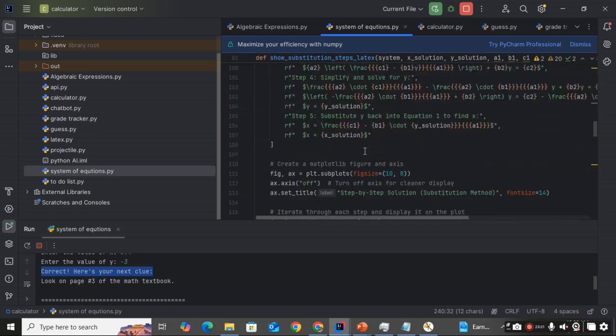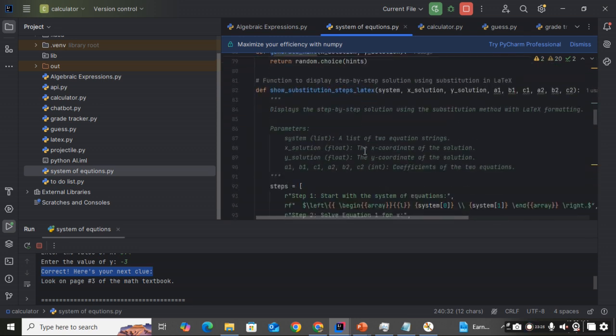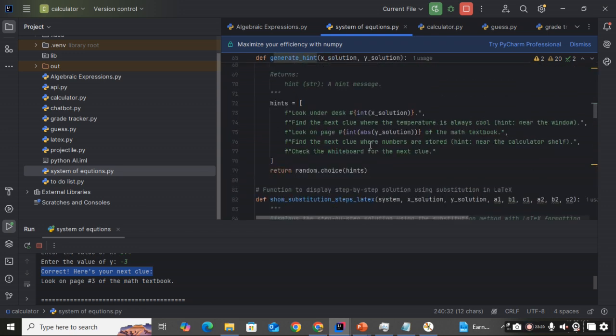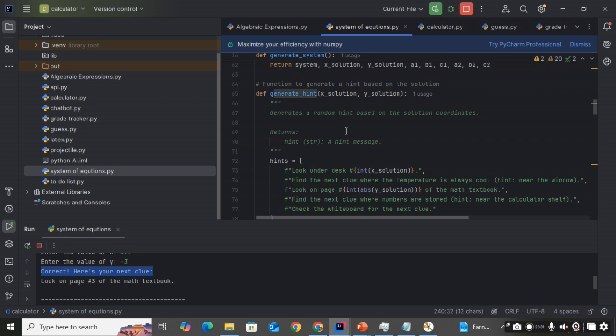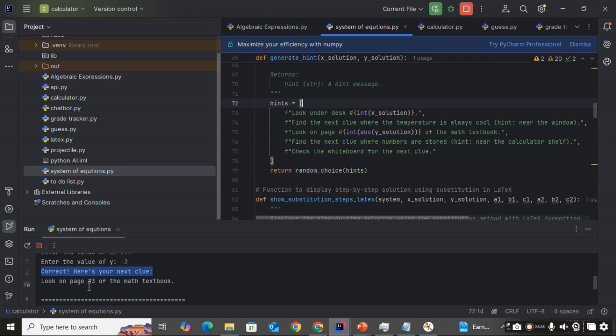Let's try to take a look at the general hint function. Okay, so here's a general hint. We have hints here. Look on page number 3 of the math textbook.